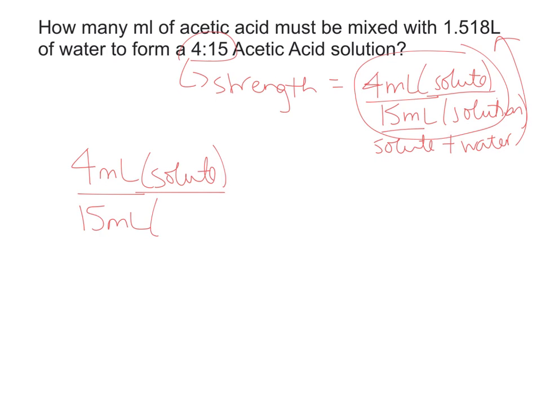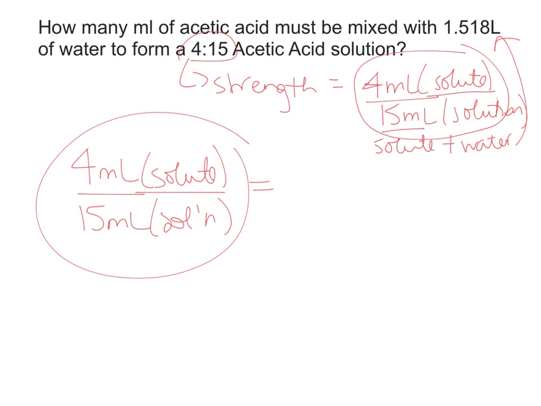Now, the key to the next part of the problem is what the wording of the question says. So it says, how many milliliters of acetic acid must be mixed with 1.518 liters of water to form this solution, this 4/15?